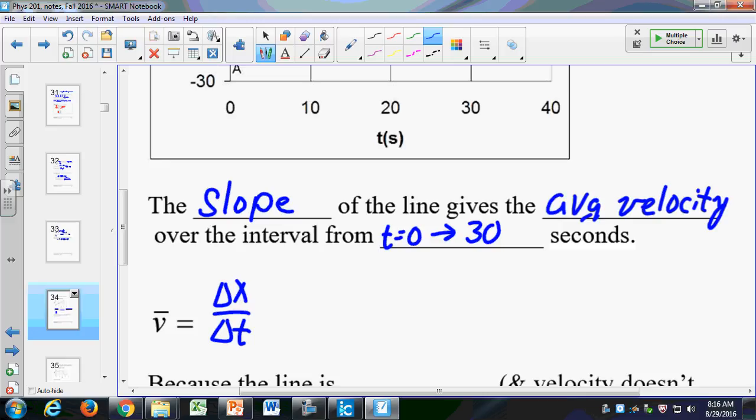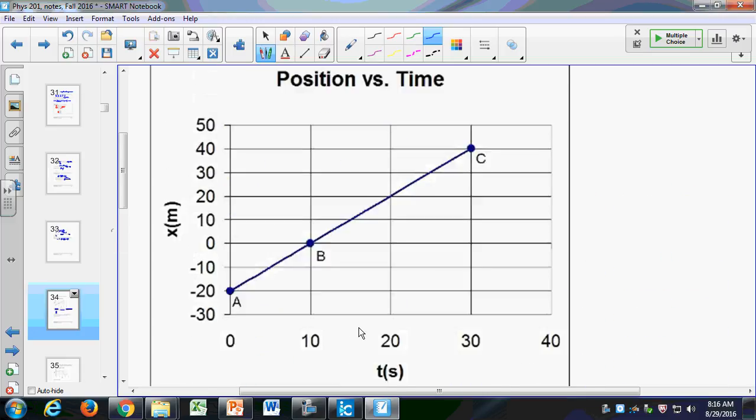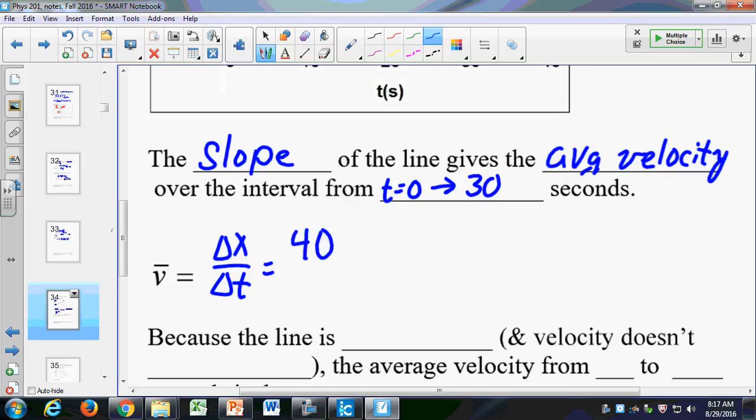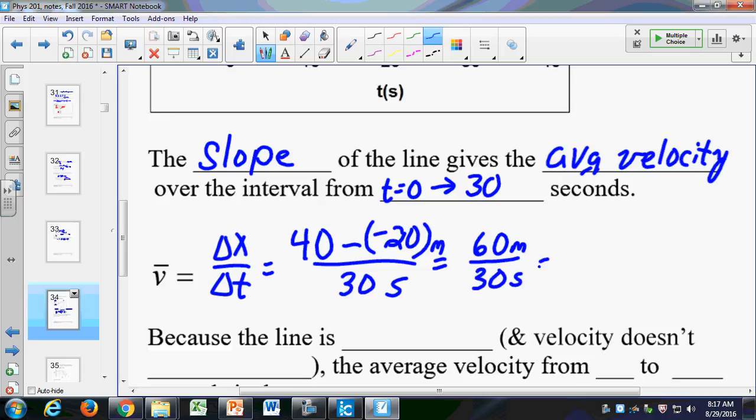I'm going to go back up to the graph. I'm going from 0 to 30. So that's going to be my delta t. And then my initial position here is minus 20. My final position is 40. So I'm going to have 40 minus negative 20. That's my initial and final position divided by 30. This is meters. This is seconds. So that's 60 over 30, or 2 meters per second.